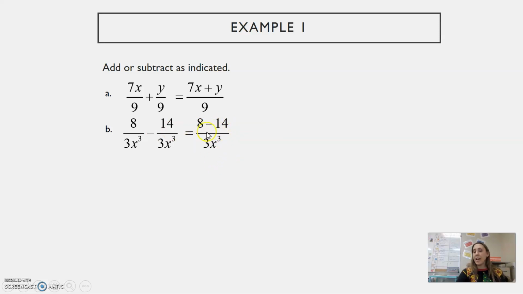Well, I can simplify 8 minus 14. So let's go ahead and do that. So then we end up with negative 6 over 3x cubed. Now this is just a simplifying problem. Negative 6 over 3 does simplify. So that's going to simplify to negative 2 over x cubed.